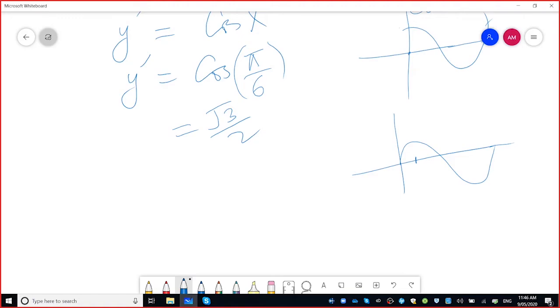This is 90, this is pi over 2, this is pi, this is 2 pi, this is 0, and it is 2 pi over 3.